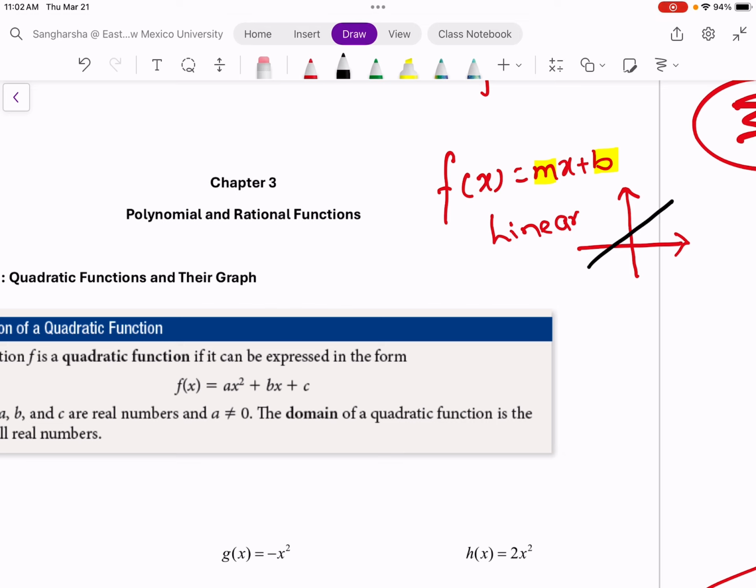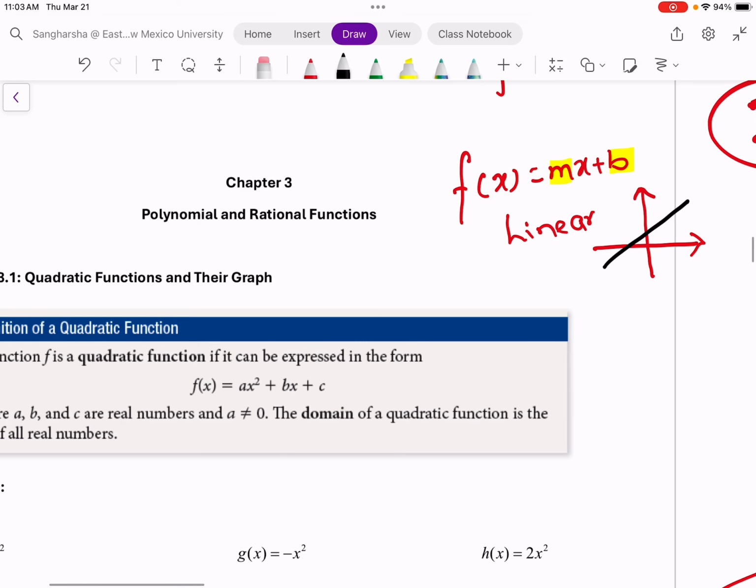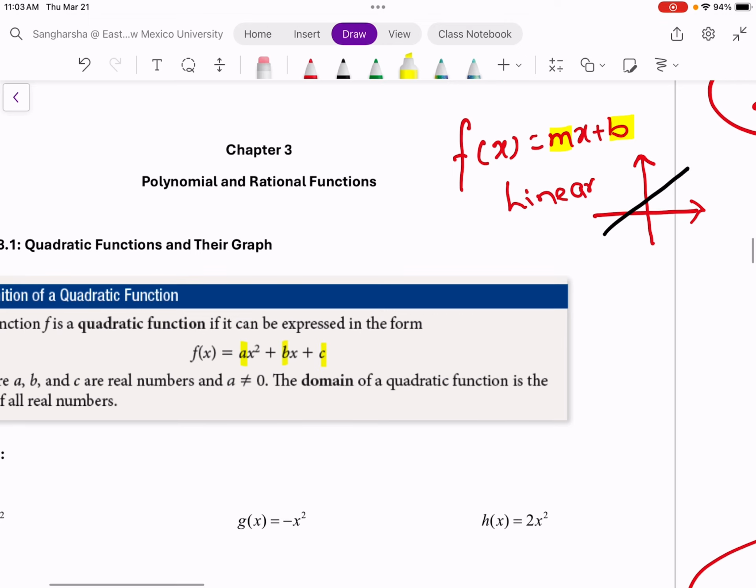Now, in this section, we will have a quadratic function. Okay. And the quadratic function looks like f of x equals ax squared plus bx plus c. Now here, a, b, c are any real numbers, but a can't be equal to 0.